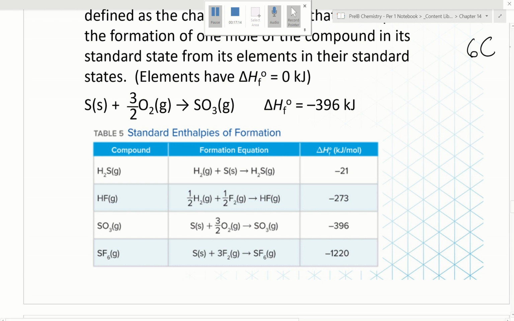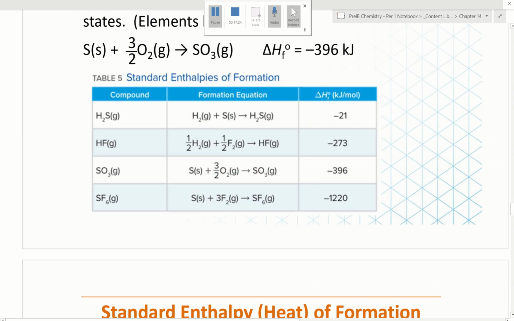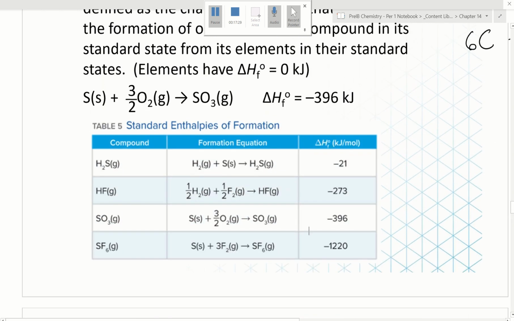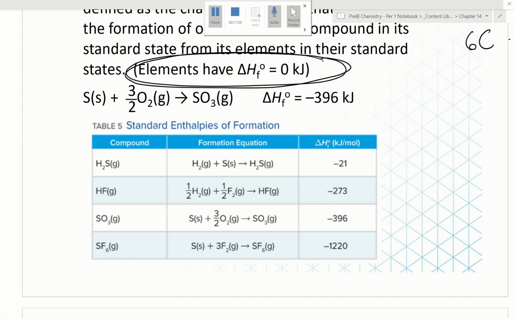You can type in a Google search, enthalpy of formation table, and it'll give you this huge table of just about every known compound and its enthalpy of formation. Now, one thing to know is the enthalpy of formation of an element is always 0. Elements have an enthalpy of formation of 0 because an enthalpy of formation is the amount of energy required for a compound to form from its elements.